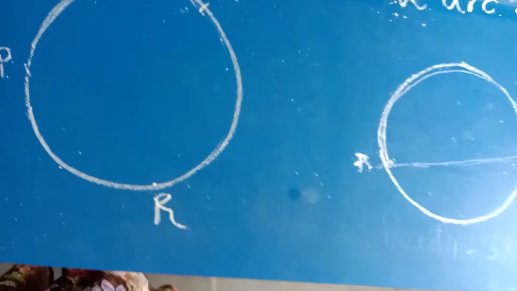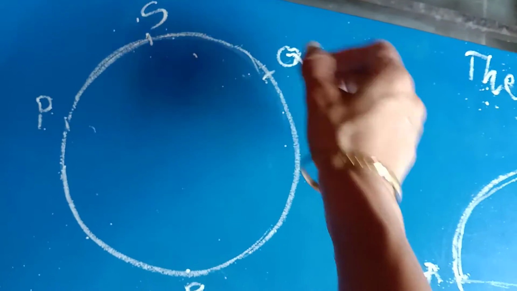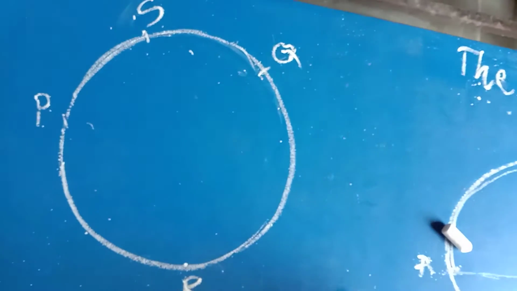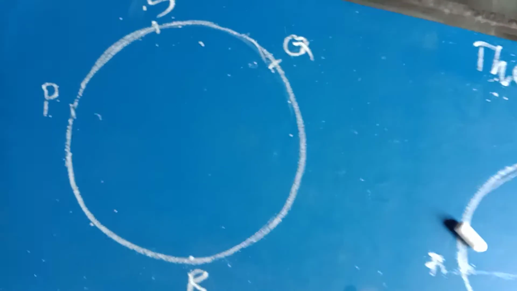Point P and Q have divided this circle into 2 parts.